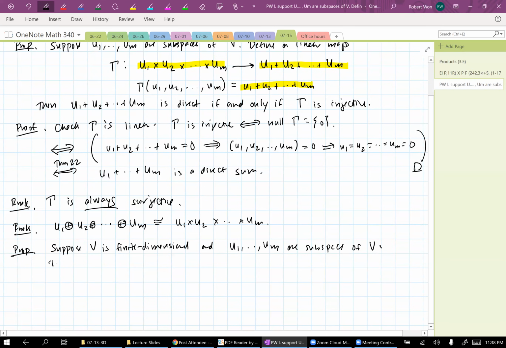Then this is a direct sum if and only if the dimension of the sum is the same as the sum of the dimensions.